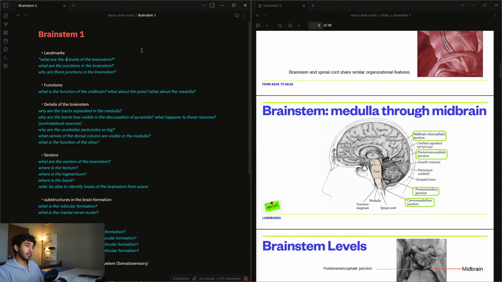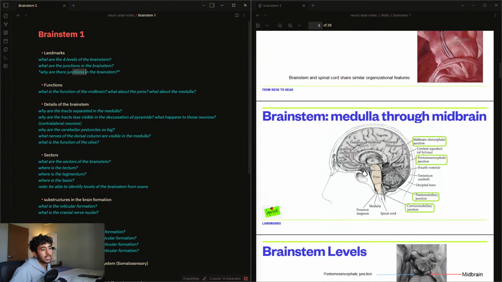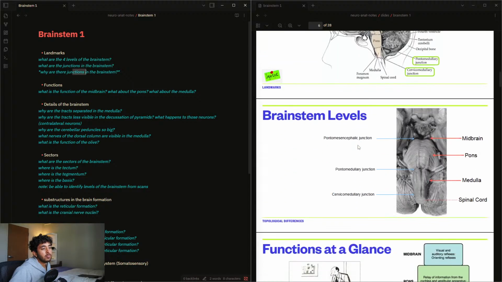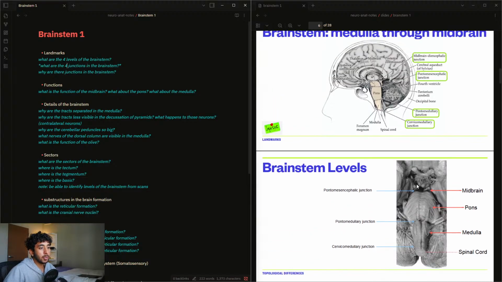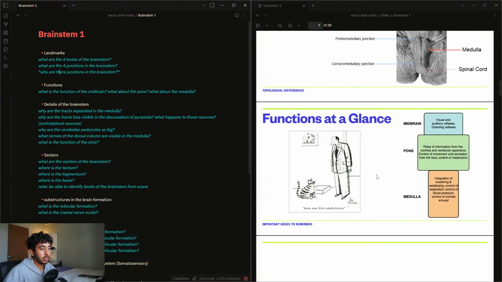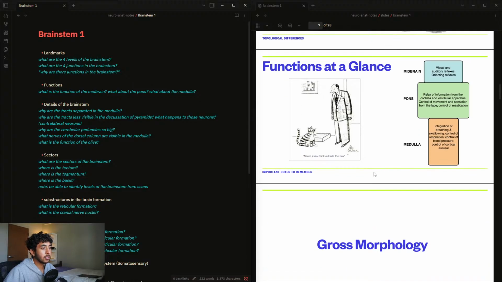Okay, I understand that. There are 4 junctions. The 4 levels are midbrain, pons, medulla, spinal cord. Why are there junctions in the brainstem? Labeling. That's true. Let's ask questions.